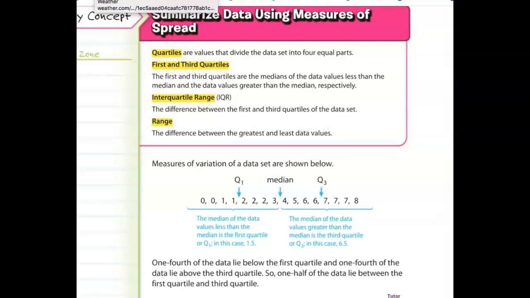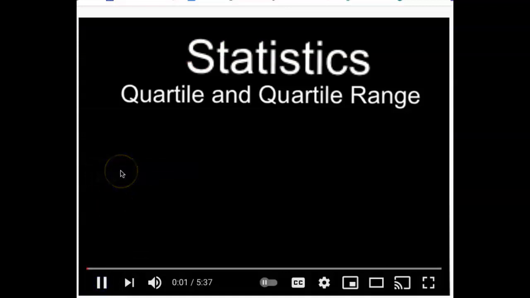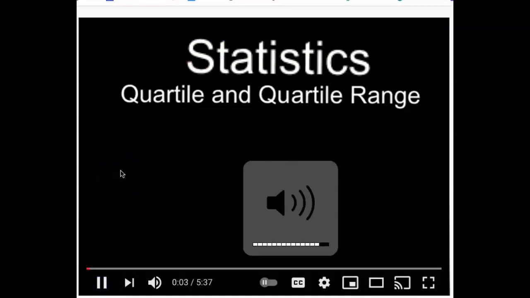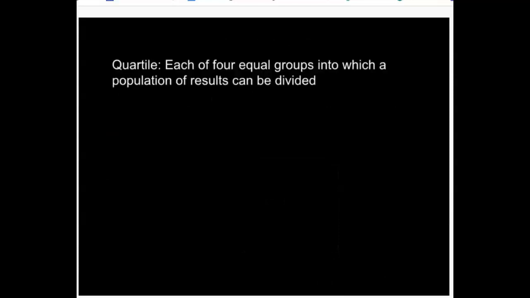video within the video. Today we're going to be talking about quartile and quartile range as part of our statistics section. I wanted to start by talking about just what the word quartile means. Quartile we haven't seen before, but much like quad, it's starting with that QUA.